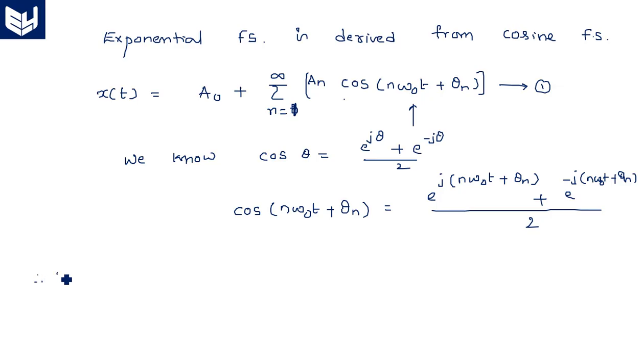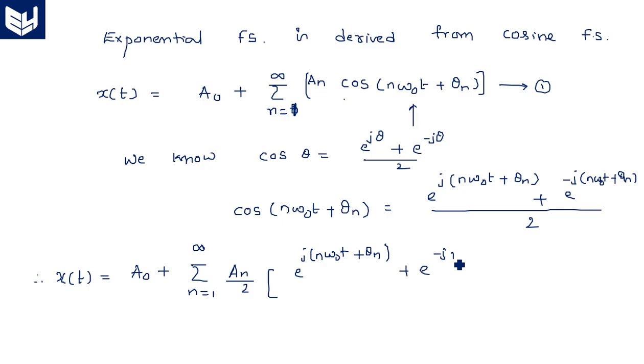Therefore the signal x of t can be written in exponential form as A naught plus summation n equal to 1 to infinity A n by 2, and the cos notation is now written in terms of exponentials: e power j of n omega naught t plus theta n plus e power minus j of n omega naught t plus theta n.